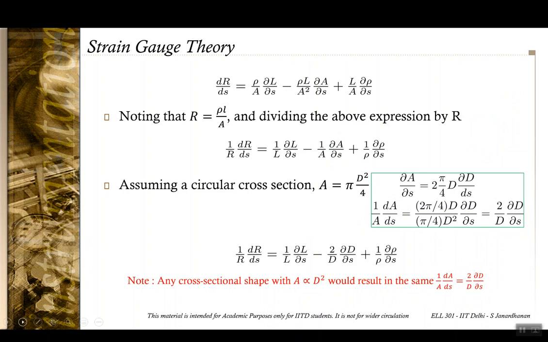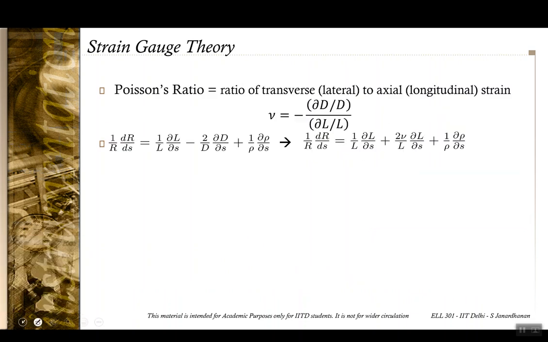Now going further, what we have said is that 1/R ∂R/∂S is going to be this particular equation. Now we have this concept of a Poisson ratio, which is the ratio of the transverse strain to the axial strain, or the lateral strain to the longitudinal strain. So it basically is minus (∂D/D) by (∂L/L).